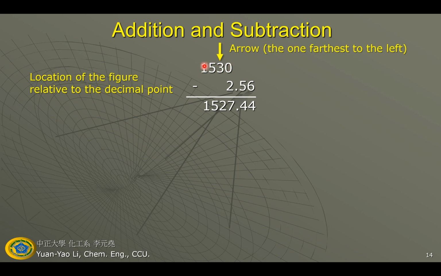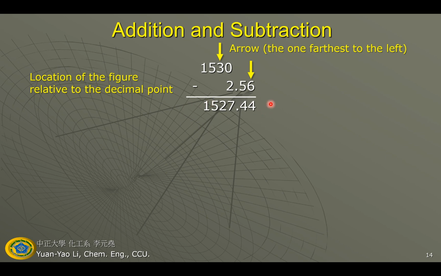So this has 3 significant figures, and this also has 3 significant figures, but this is the one farthest to the left. Okay? And then in the end, you get an answer like this.